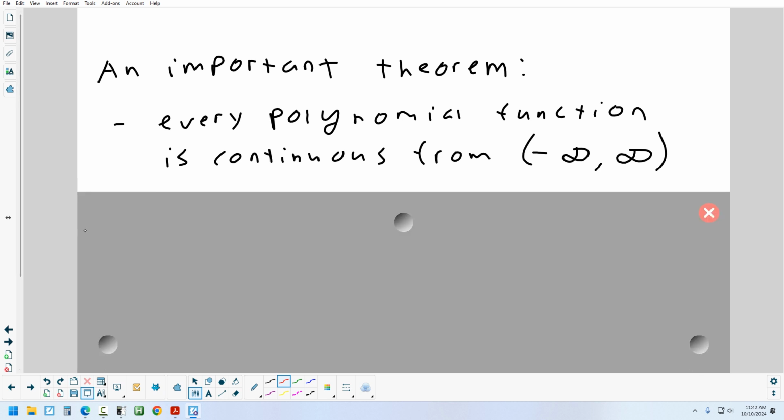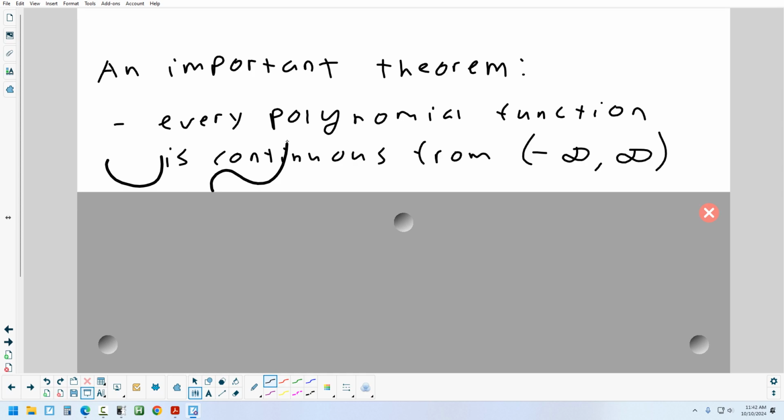All right, so we talked about the domain of polynomials, and that kind of leads us to this statement. The domain was all real numbers. Well, whenever you draw a polynomial, whether it's a parabola, maybe a cubic, you never have to lift your pencil anywhere that you draw a polynomial.